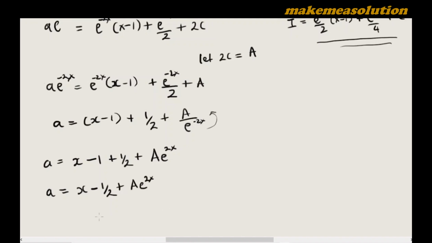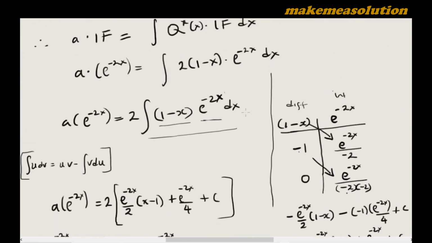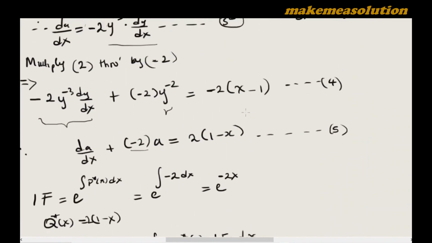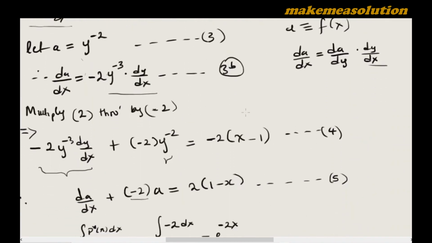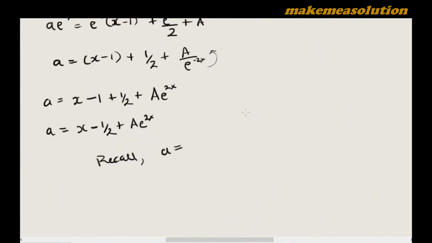So you have to recall that a is equal to what? Is it y to the power of minus 2 or y to the power of what? Okay, so a is y to the power of minus 2 from your equation 3.